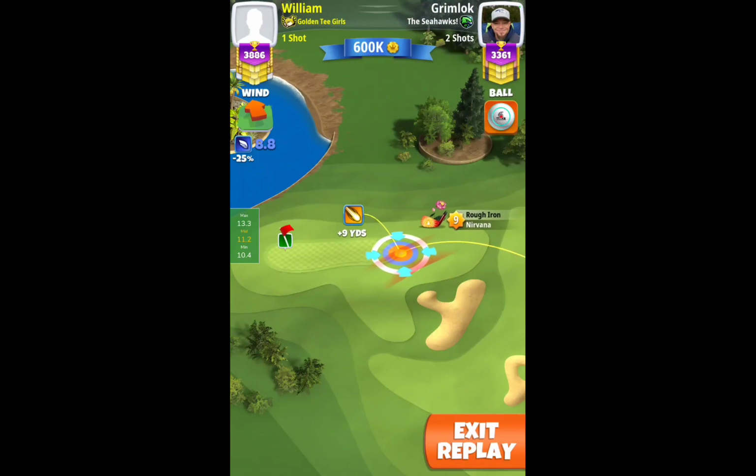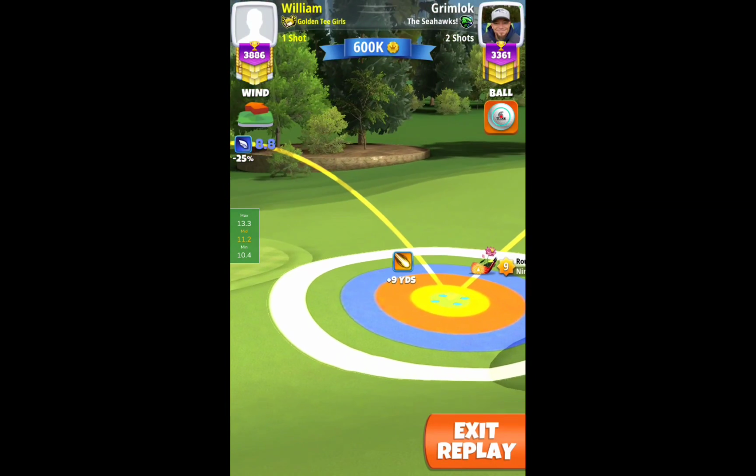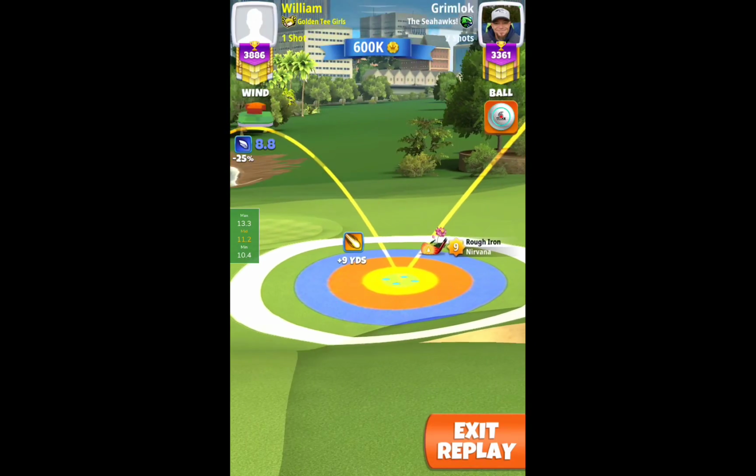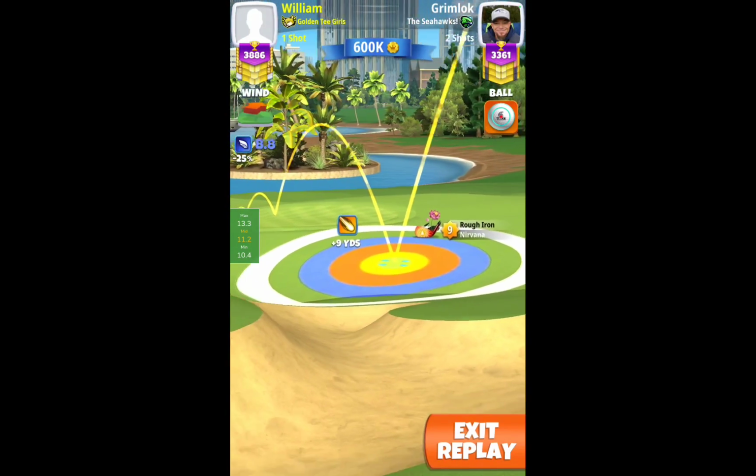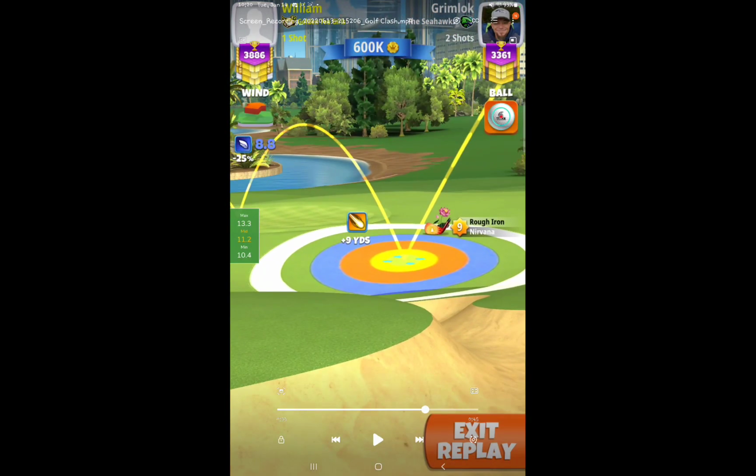Now, when I go to the bottom of the bullseye, or correction, the sand trap here, and I try to zoom in again, you can see that severe downslope from the top of the hill to here. That's going to be more downhill, and so I'm going to need more elevation if I wanted to play that Nirvana shot on the bottom of that bunker.